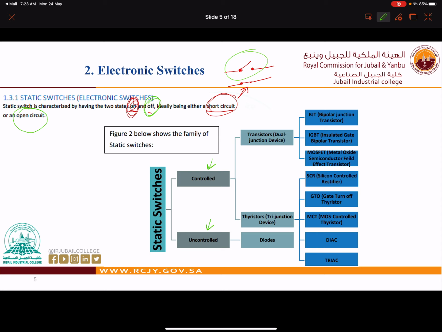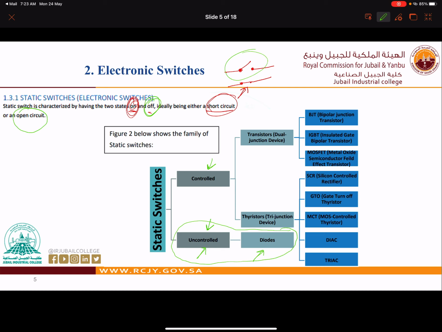Now if you are going to use the uncontrolled switches, of course we should talk about the diodes. Now the diode, either we have full wave rectifier or half wave rectifier, so we cannot control the diodes. Now this is our first part, inshallah.